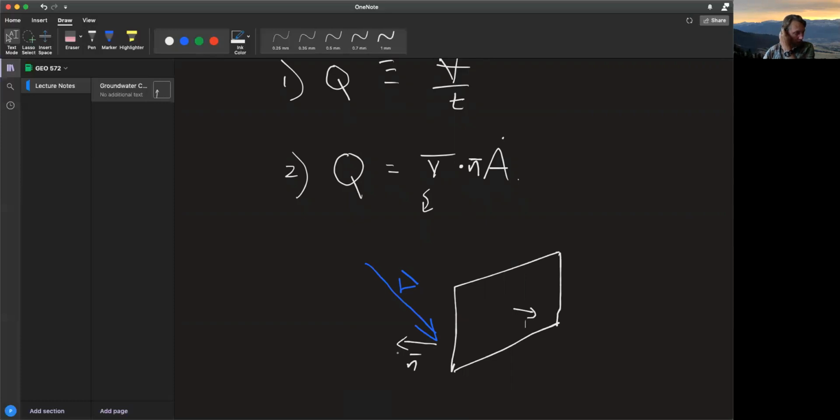By taking this dot product, all we're doing is making sure that we're getting the component of the velocity that's across the plane. So the velocity can be oriented in any direction, and when we take the normal, we're just getting this component that is normal to our plane. We'll call that v sub n. It's the component of the velocity normal to our plane. This velocity is our fluid velocity vector.